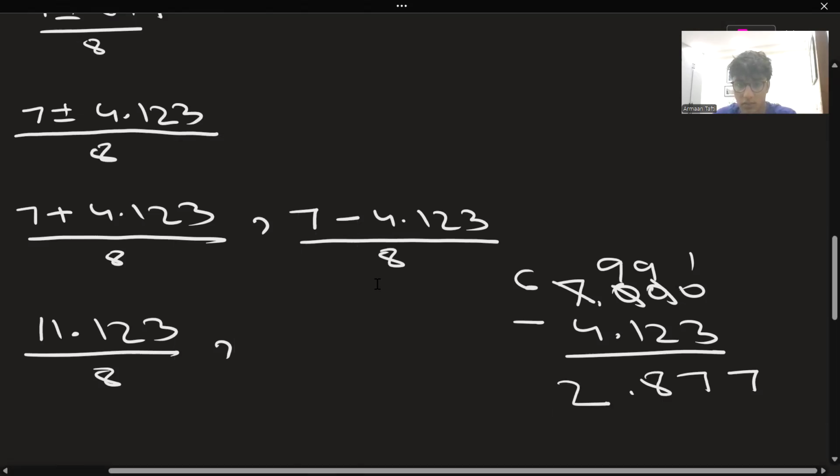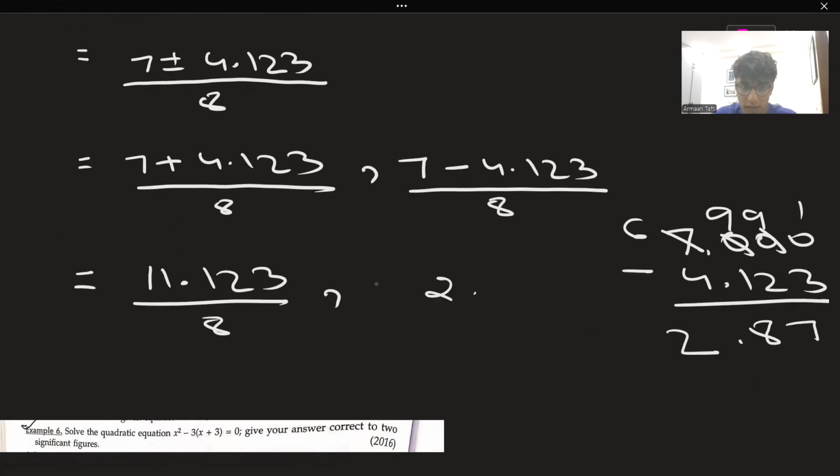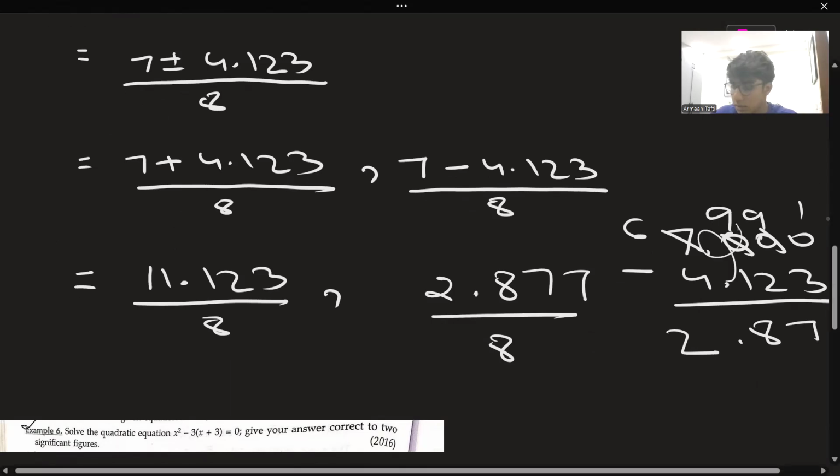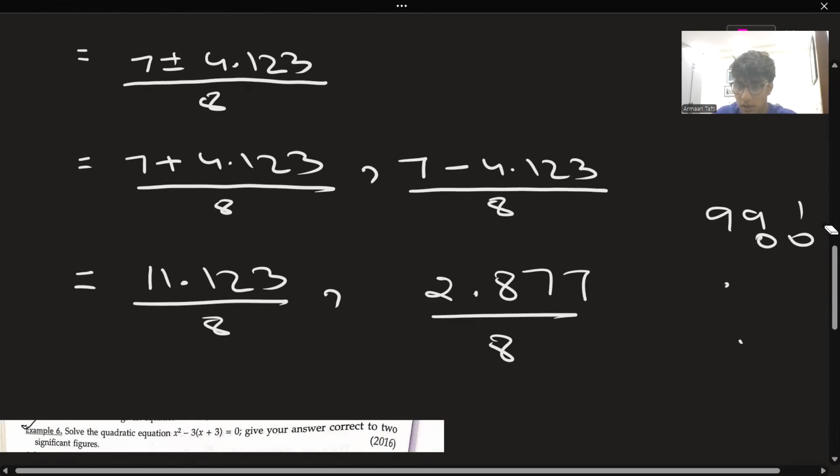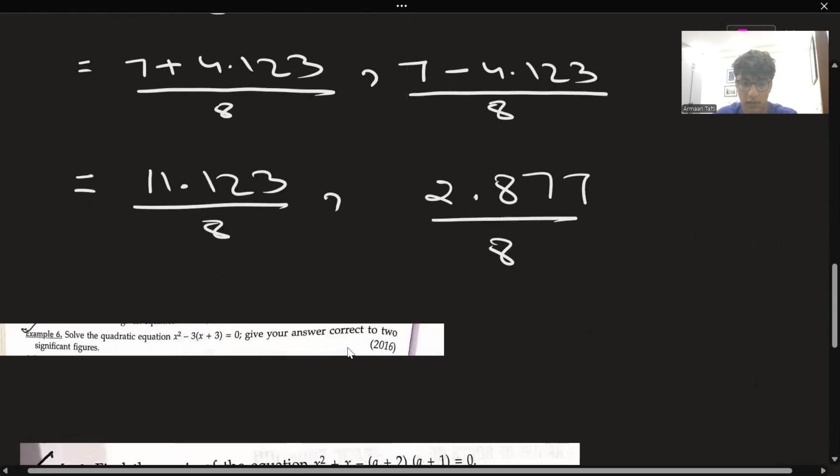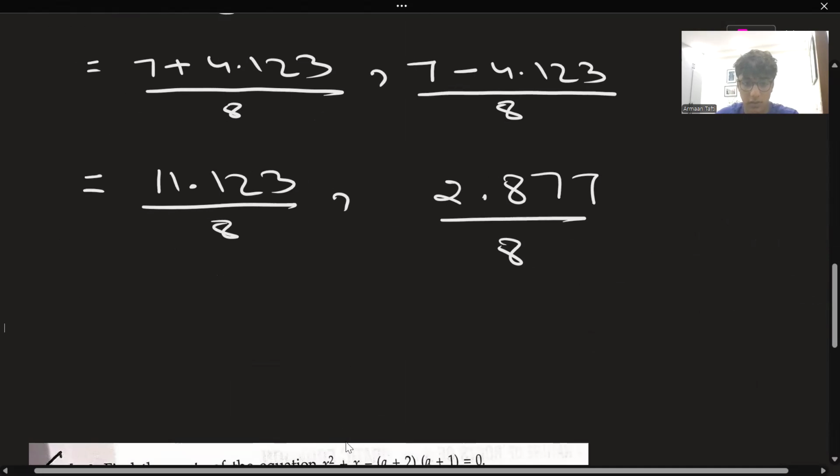Okay. So you got 2.877 divided by 8. Okay. Just going to delete this from here, so it's not an issue. And I'll just move this question slightly lower as well.